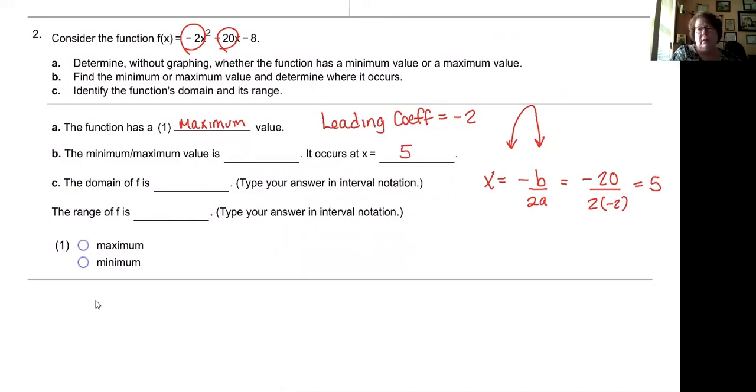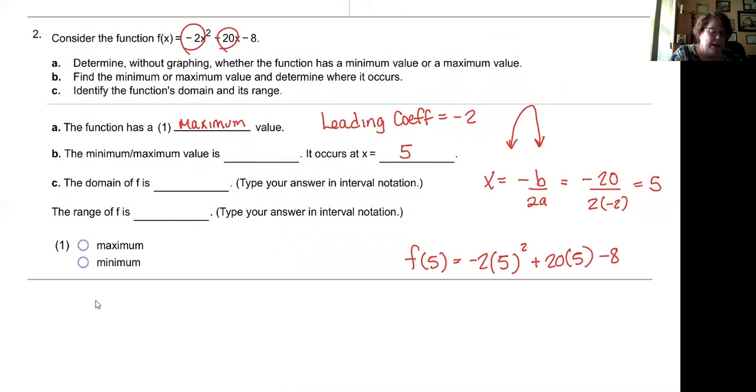All right, but what is my maximum value? To determine the maximum value of this function, I have to evaluate the function at 5. So I'm going to let my calculator do the work for me. I have negative 2 times 5 squared plus 20 times 5 minus 8.